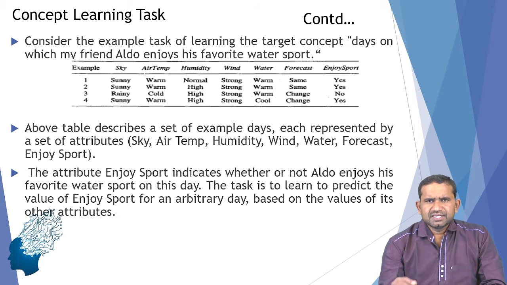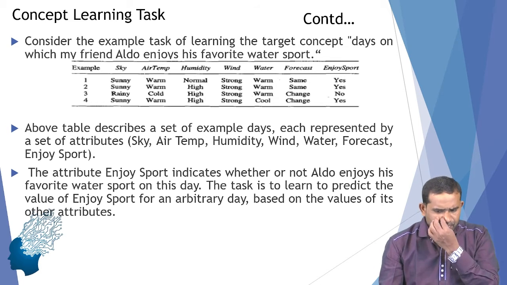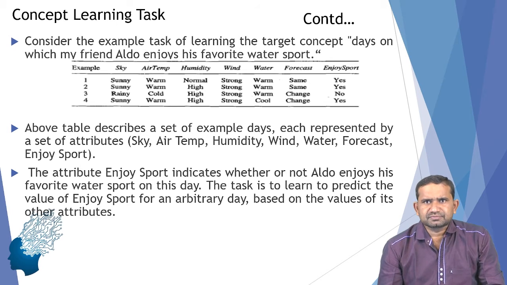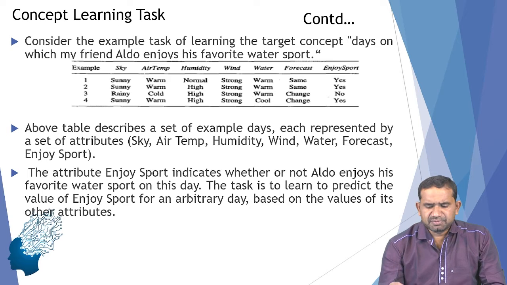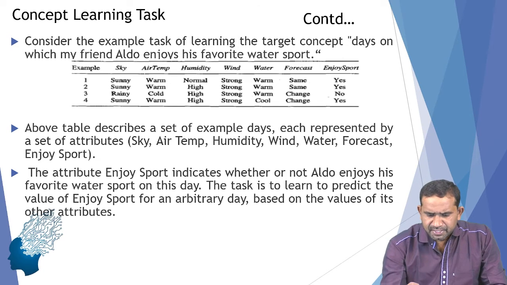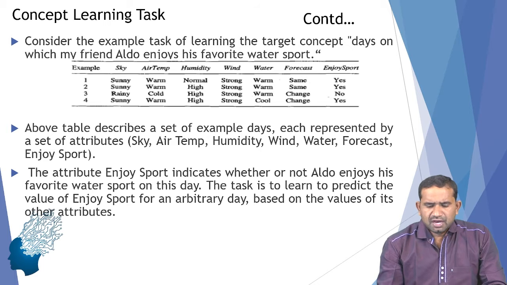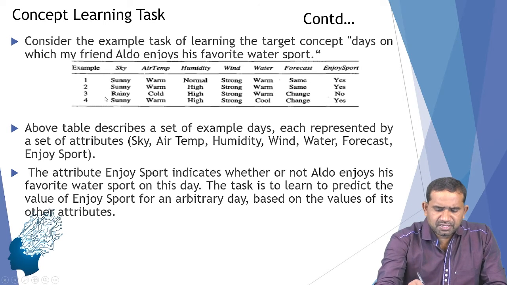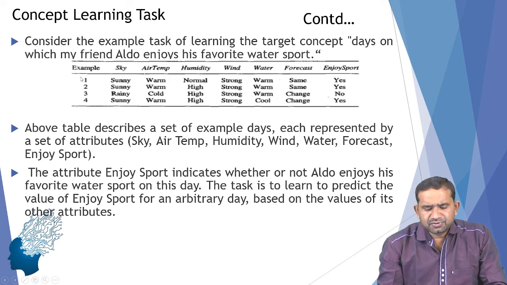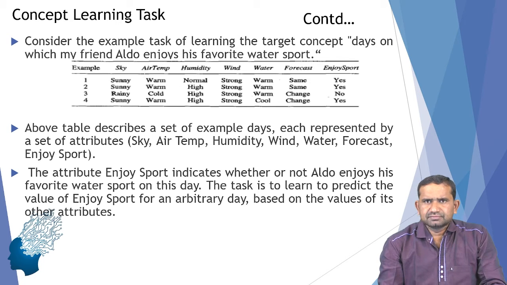So like that, in this example we take a specific water sport, means a specific game. Based on that specific game, we can take nearly 6 attributes. That is the sky, air temperature, humidity, wind, water, as well as forecast. Finally, we include one more statement: does he enjoy the sport, yes or no. And we take some days, an example of 4 days: first day, second day, third day as well as fourth day.